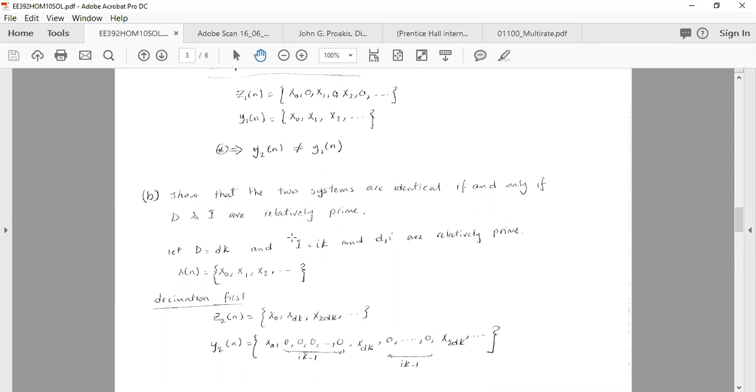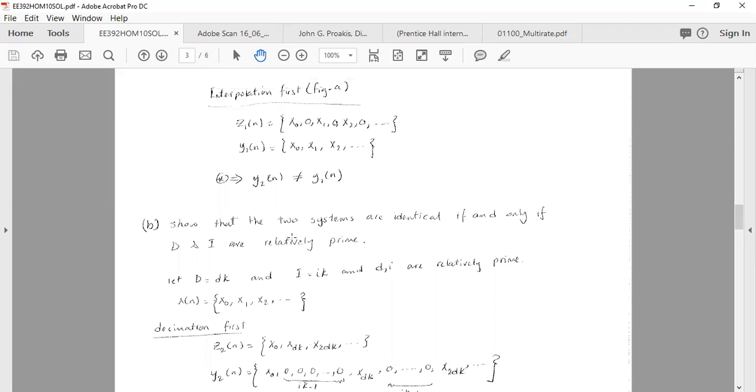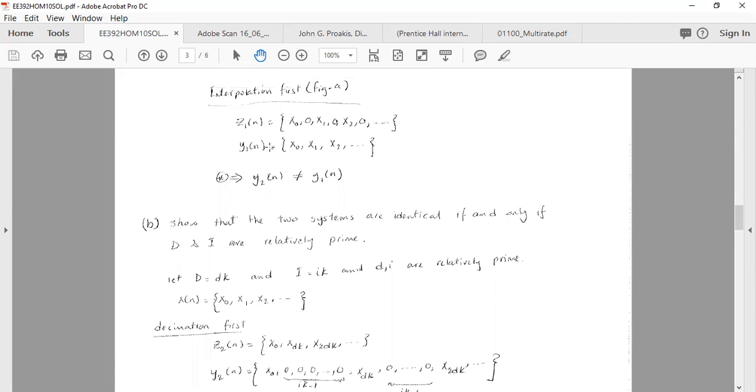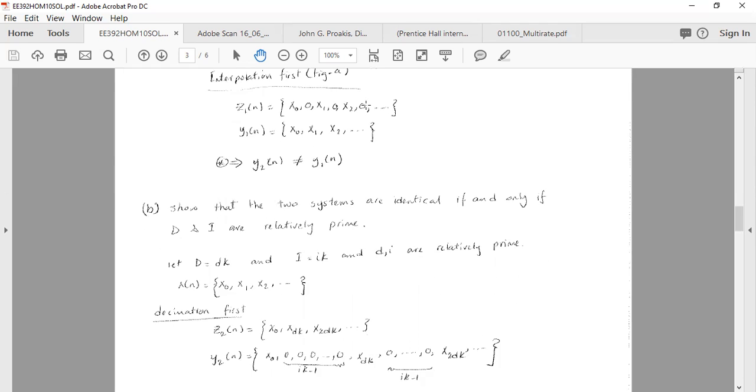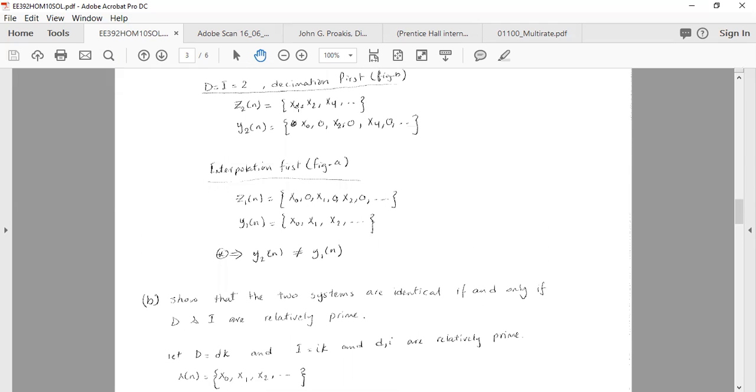In this particular case, on the first one, our dk value was equivalent to 2. Our d value was 2. That is why we got the values x naught, x2, x4, and so forth. If dk was equal to 1, the first time 0 multiplied by dk will be 0.